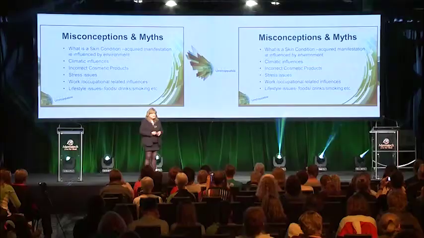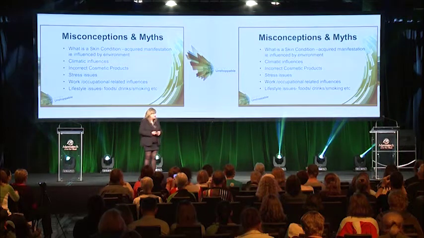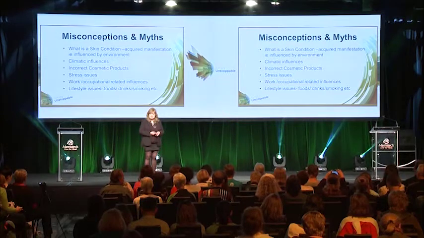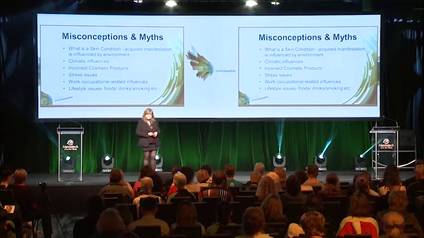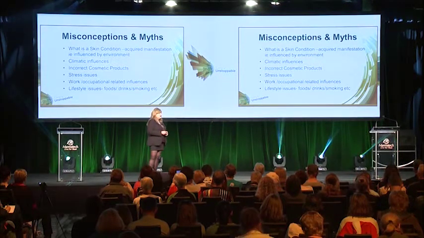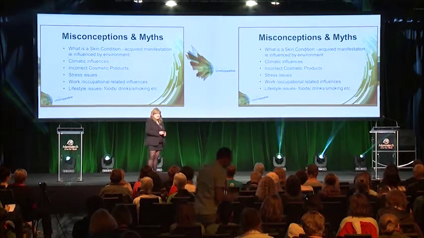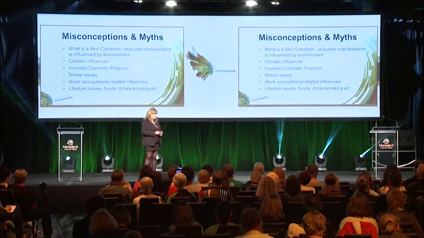What is a skin condition? A skin condition is an acquired manifestation, and it is influenced by the environment. The environment meaning the climatic changes that we are exposed to, hot and cold temperatures, incorrect use of cosmetic products on our skin, stress issues, lifestyle, alcohol, smoking, medication, a whole host of other influences can lead to various skin conditions.